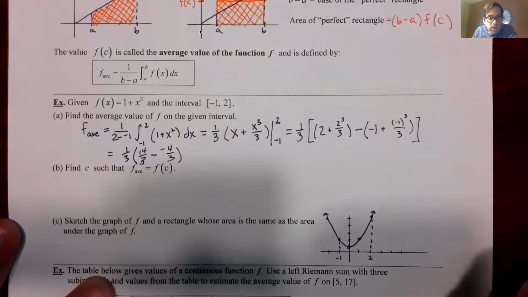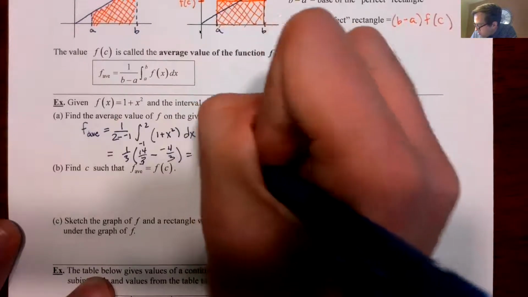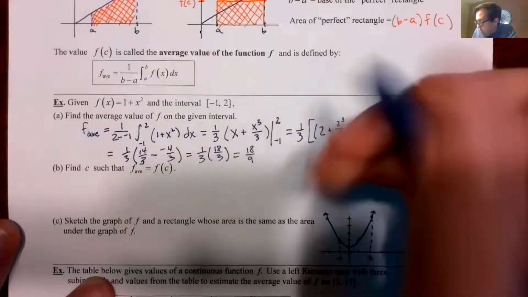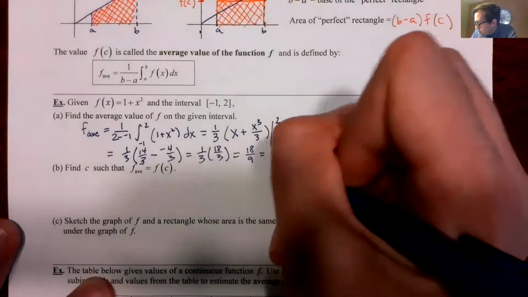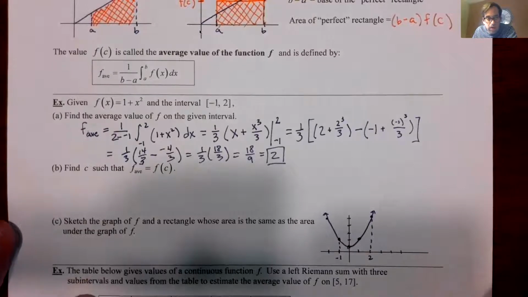So it becomes 14/3 plus 4/3. So we get 1/3 times 18/3, which is 18 over 9. If we multiply across, 1 times 18, 3 times 3, and that's 2. So we found the average value of f, and it is 2.